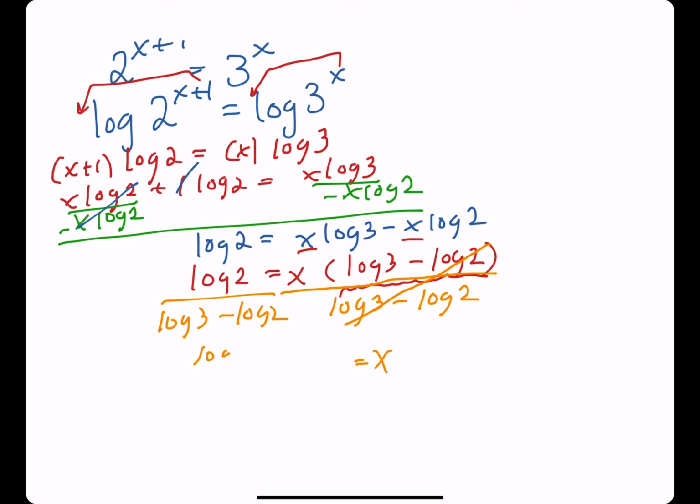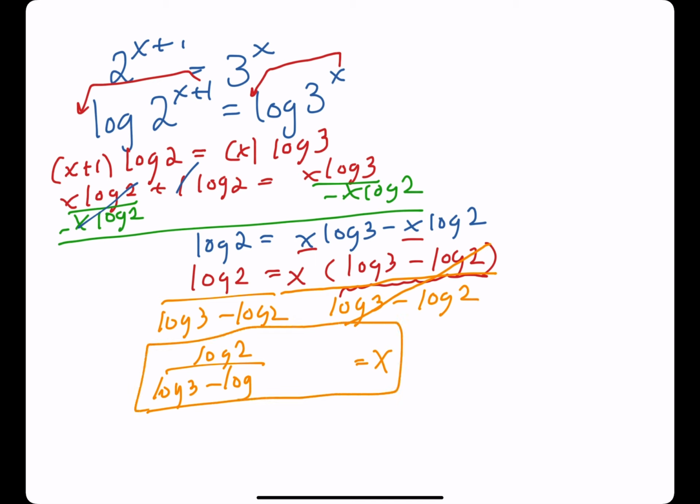This side will be left with log 2 divided by log 3 minus log 2. This is considered the exact answer, and you would be done. Or you could put it in your calculator, and you could get a final answer of 1.709.